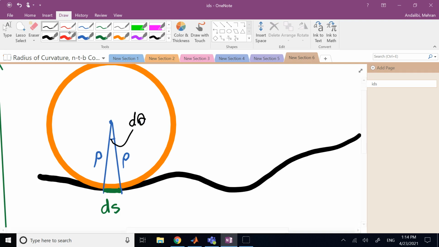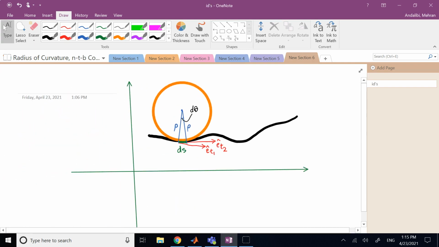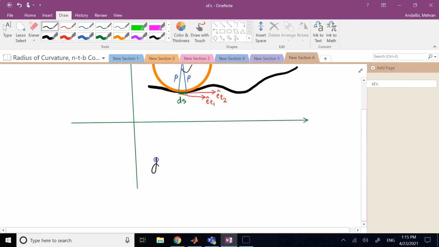And what I'm after is the change in the ET vector. So if this is the first ET and this is the second ET, I want to look at the rate of change of this ET versus time. Okay, so let me develop that for you. So d of ET with respect to dt is what?